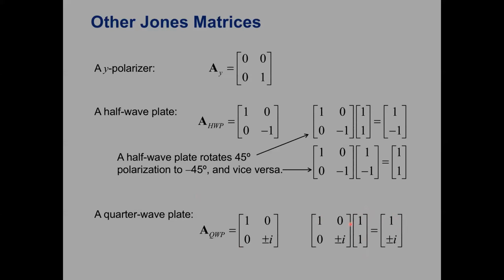And then we add to that 0 times 1, which is 0. Our ending y component would then be 0 plus or minus i. So it adds in that phase shift of i into our lower component.